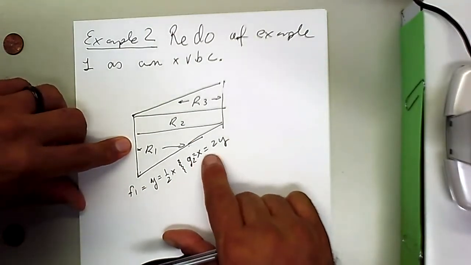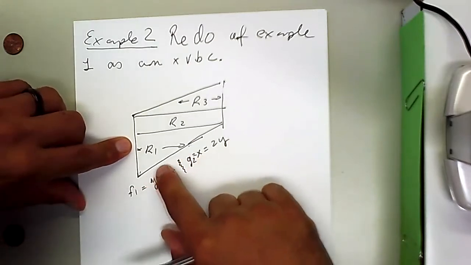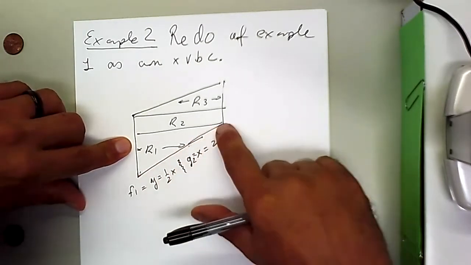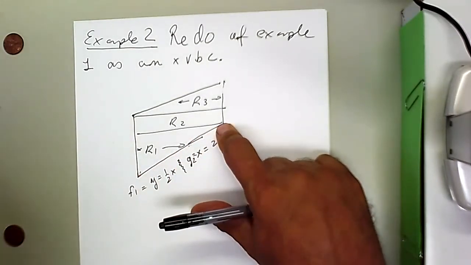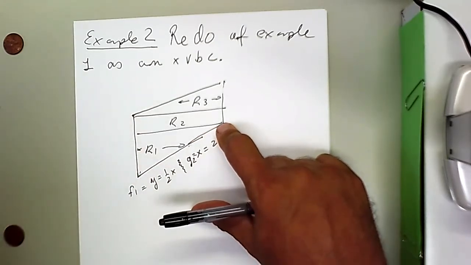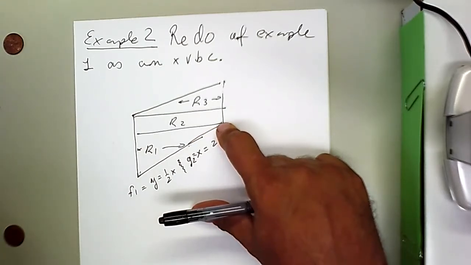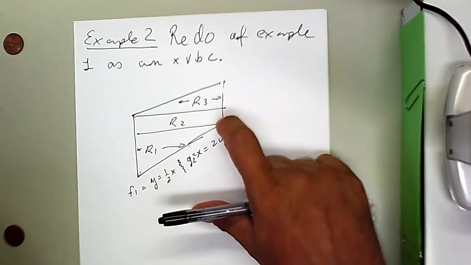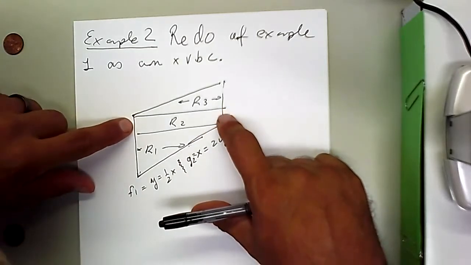g2 is x, which varies, and it will be 2y. So this is y. This is very similar to what we did in Calculus 2, when we were integrating with respect to x or with respect to y. Here, there's no problem.